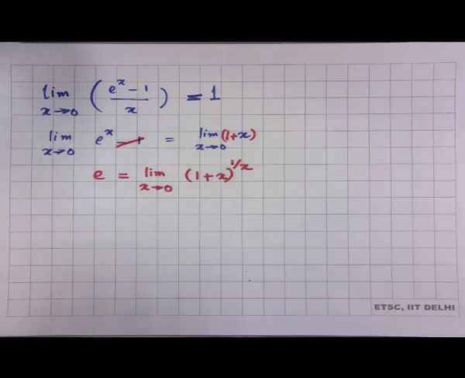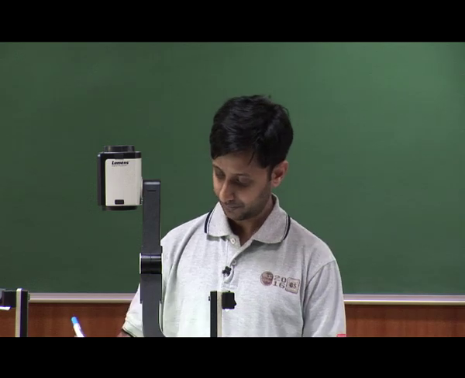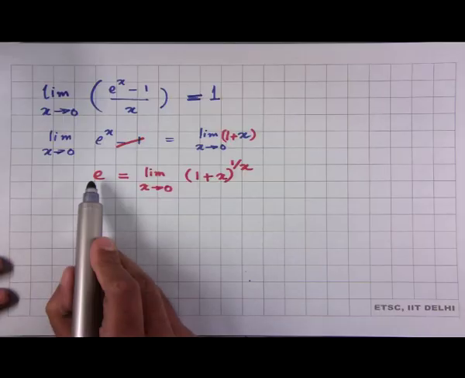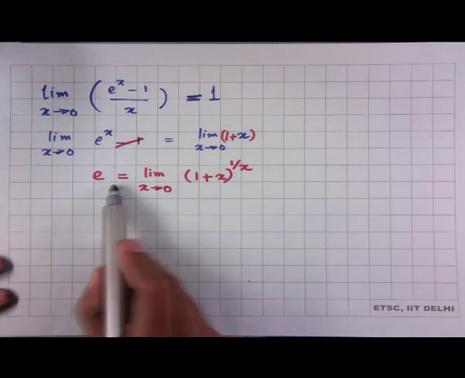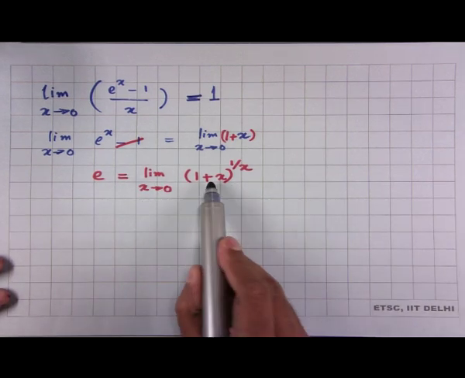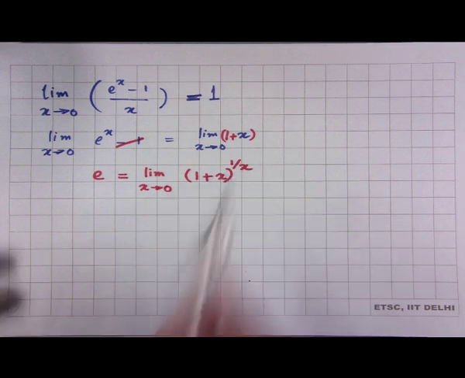Okay. So, this is a standard definition of E. So, a standard definition of E is that E is limit x tends to 0 of 1 plus x whole to the power 1 by x.